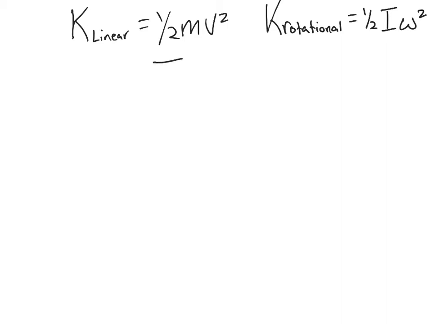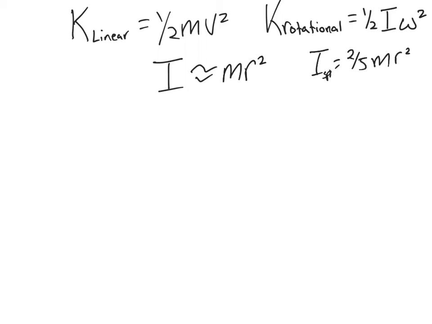Now remember that the moment of inertia was related to mr squared. And so for different shapes, you get different moments of inertia. For instance, the sphere's moment of inertia is 2/5 mr squared.